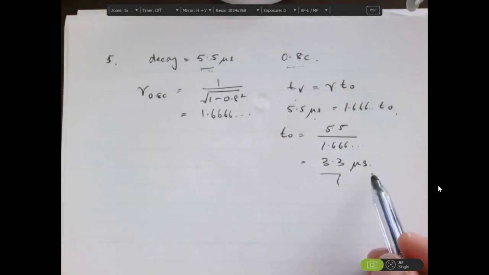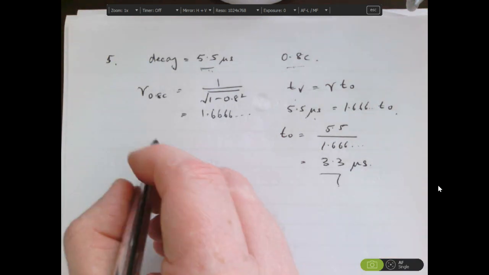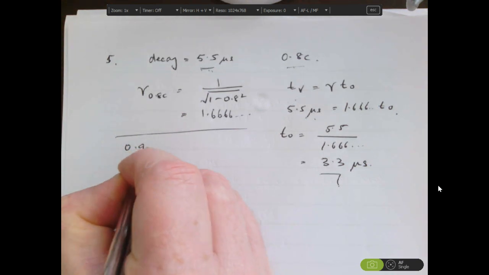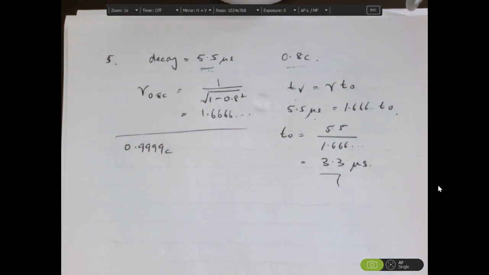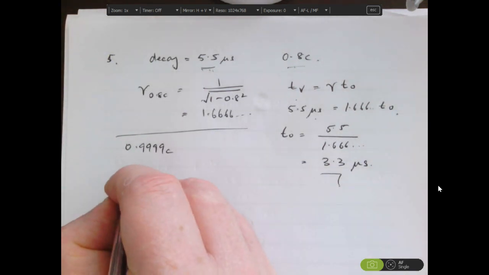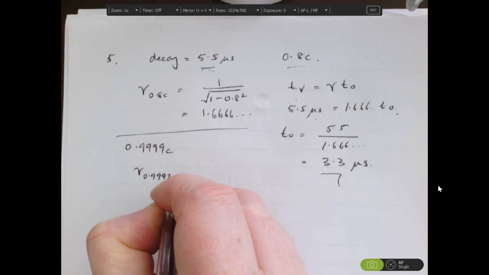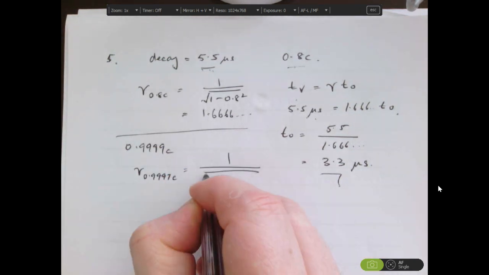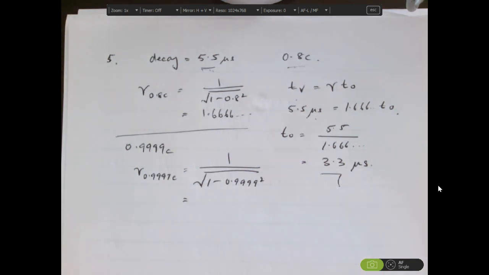So now we're going to ask how long will it take to decay if we were now going to travel at 0.9999 C. Okay, so let's work out the gamma factor for this. So the gamma for 0.9999 C would equal 1 over the square root of 1 minus 0.9999 squared.